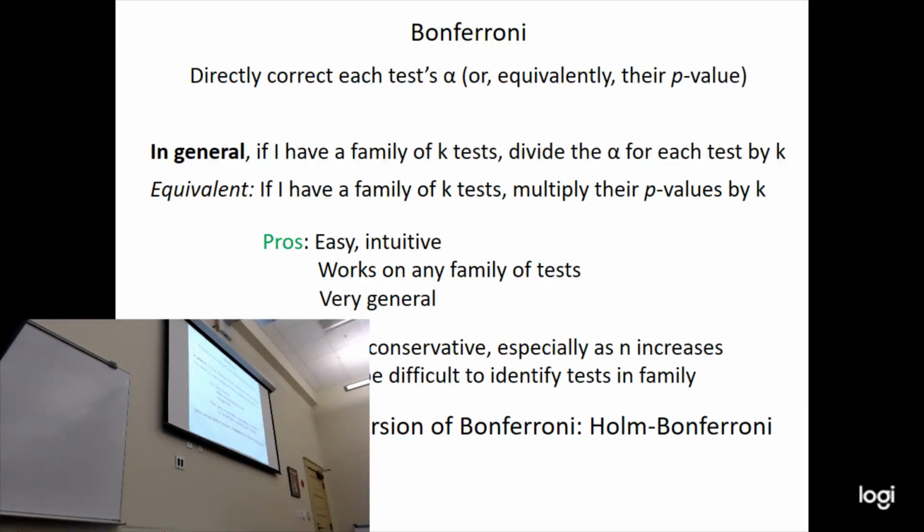Holm-Bonferroni is a little bit less conservative, but it's still very conservative. Nevertheless, you do see this used sometimes in cases where you have thousands of tests. So I believe most of the multiple comparison procedures for fMRI data are related to the Bonferroni.